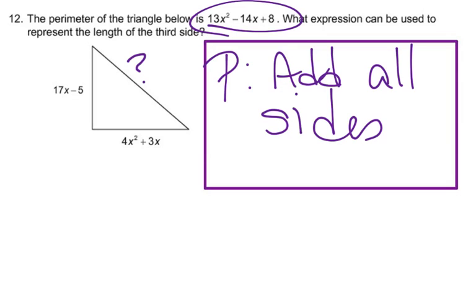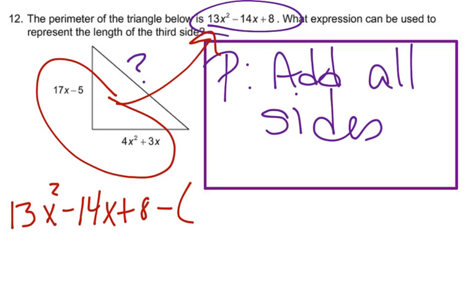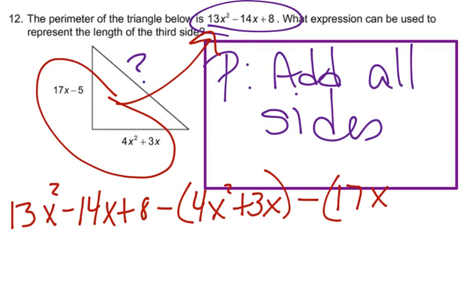So it's kind of like saying that if I subtract these from that, so 13x squared minus 14x plus 8 minus, open parentheses, one of the sides, 4x squared plus 3x, close parentheses, minus the other side, open parentheses, 17x minus 5.